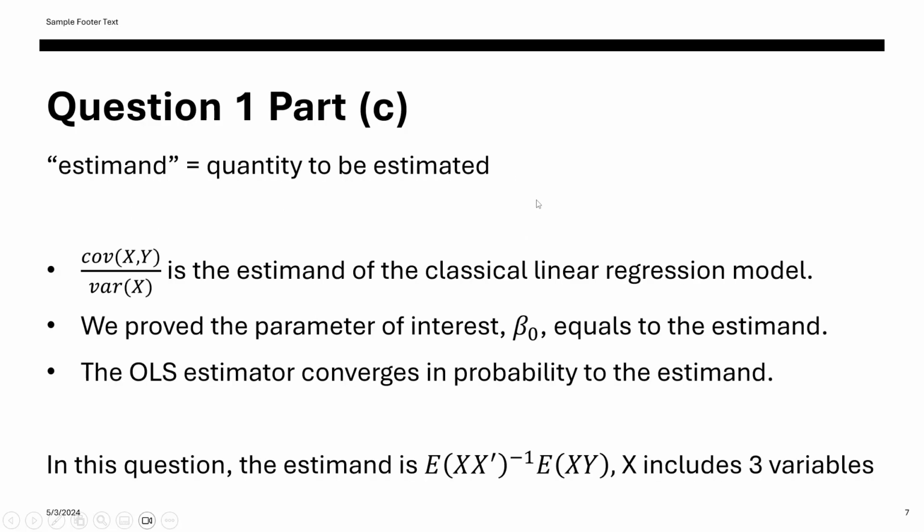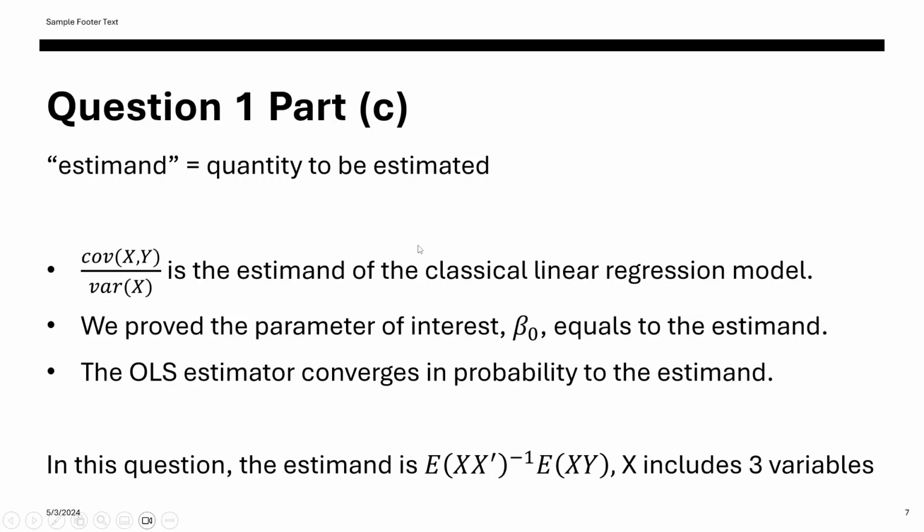Okay. And part C, let's go to part C, specification bias. A term that I did not explain in the lecture was estimand. Maybe it would have helped if I had used this term. If you search for estimand on Google, it says it is a quantity to be estimated.